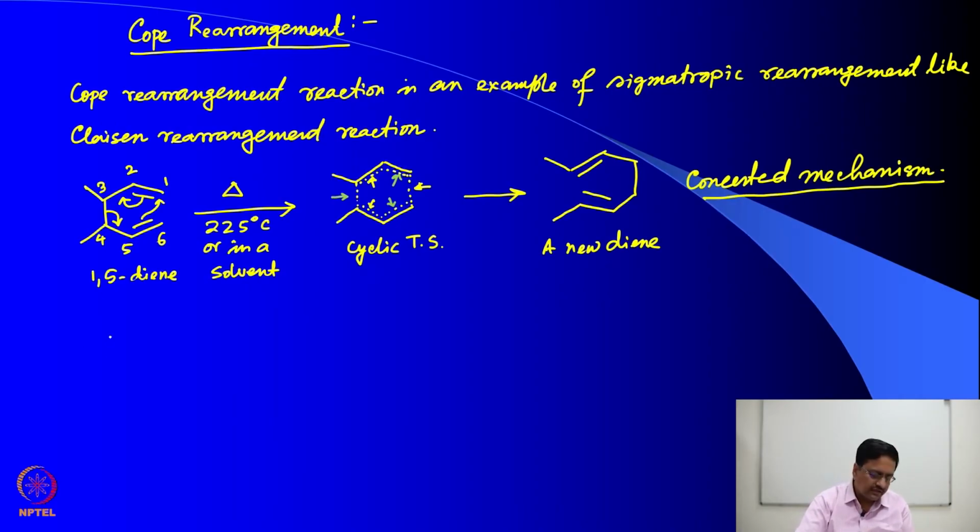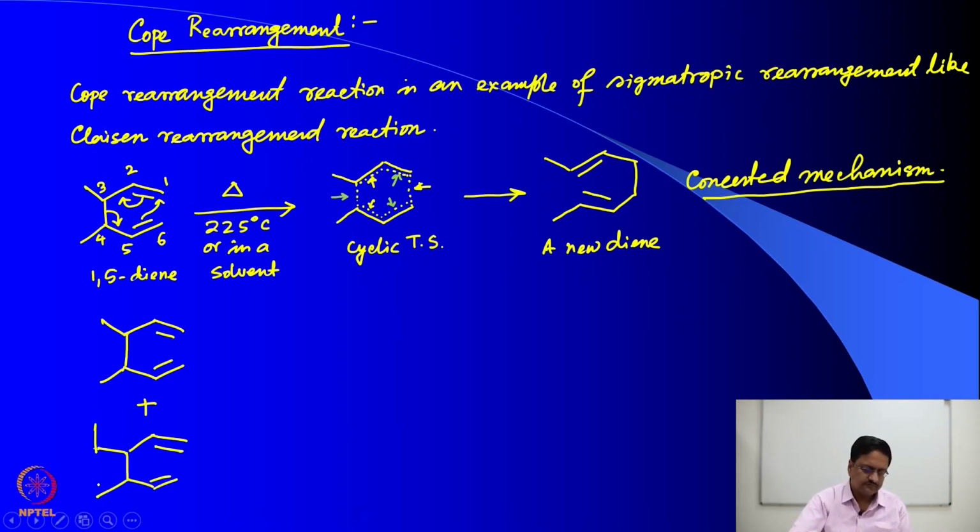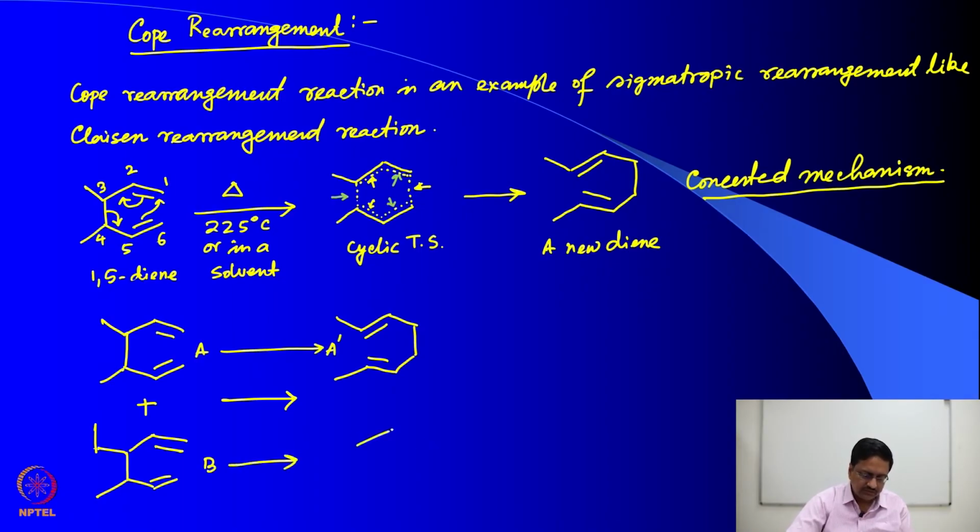So, if we take a mixture of two compounds, namely these two, and heat them together, from compound A we get product A prime, from compound B we get product B prime.